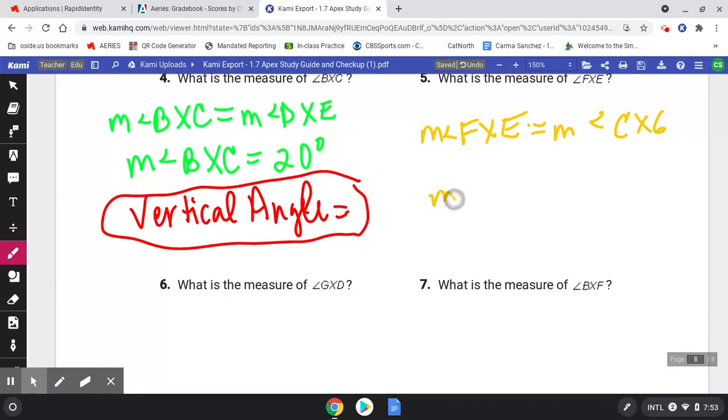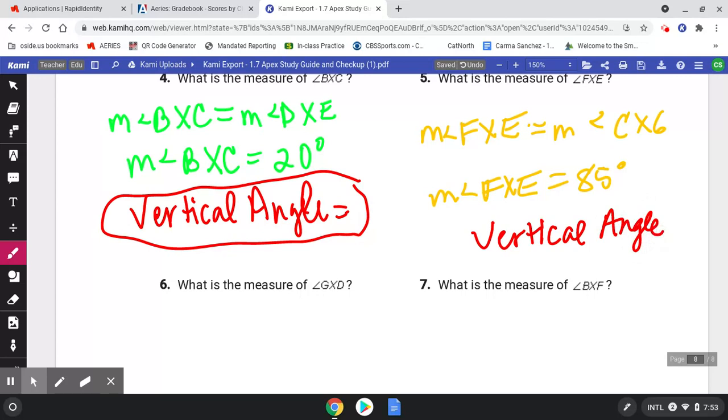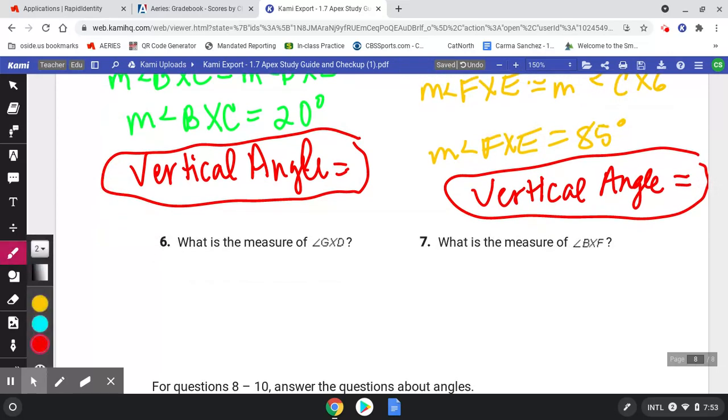So we can say that the measure of angle FXE is equal to 85 degrees. And again, the reason is vertical angles. Vertical angles are equal.